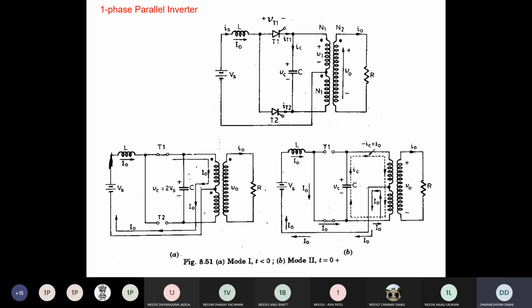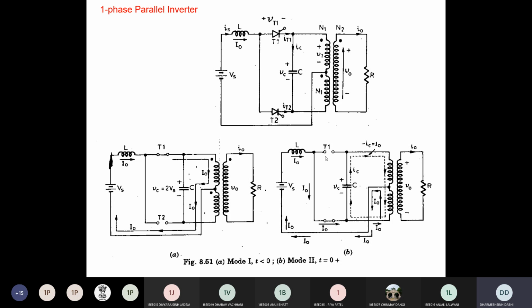Another way is natural commutation, when your supply naturally becomes 0. But that is not possible here because your supply is DC, that is constant DC. So naturally your supply never becomes 0. So here natural commutation will never happen. Clear? But here you provide the reverse voltage of this capacitor across T1. So because of that your thyristor T1 is off here.